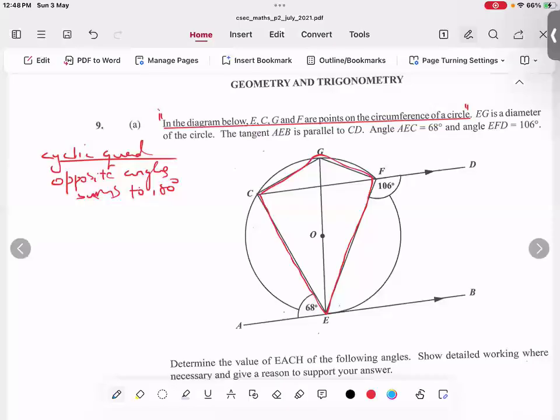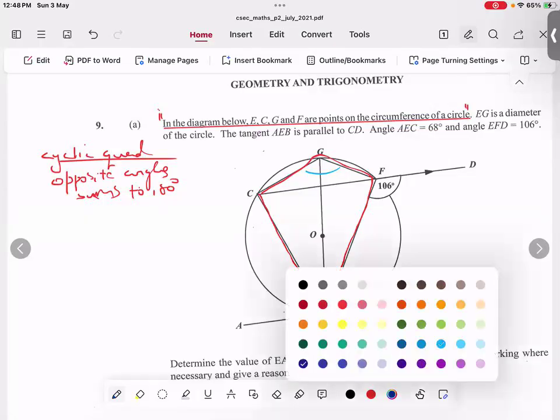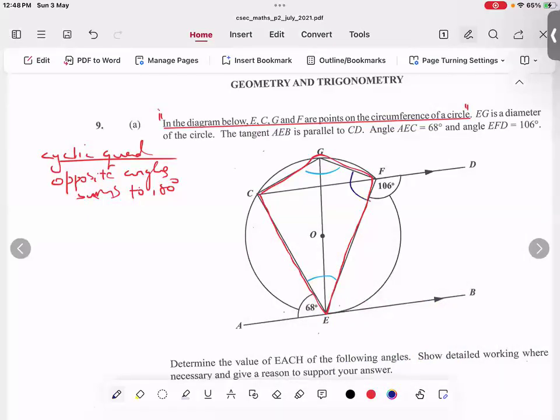So right away, even without thinking too hard, whatever this angle is and the one down here, they add up to 180. That one we know for sure. And whatever this angle is, this one and that one add up to 180. So that much I know just off the first sentence in the instruction.